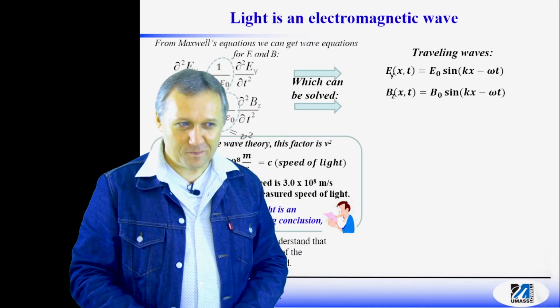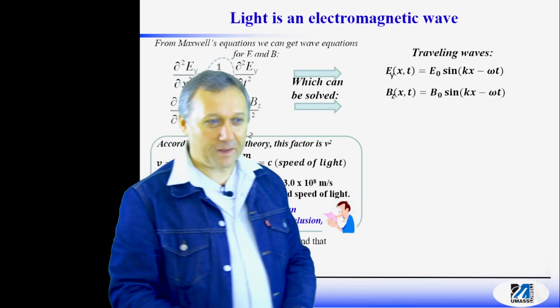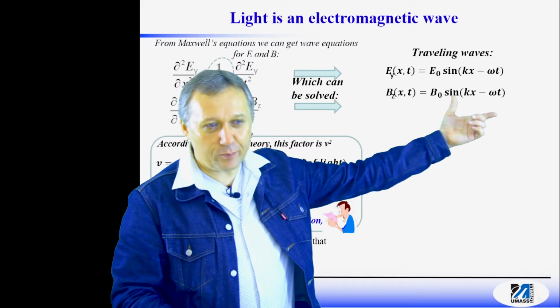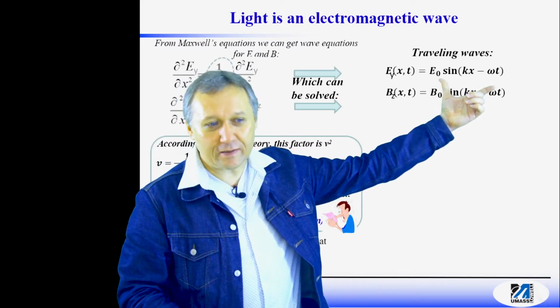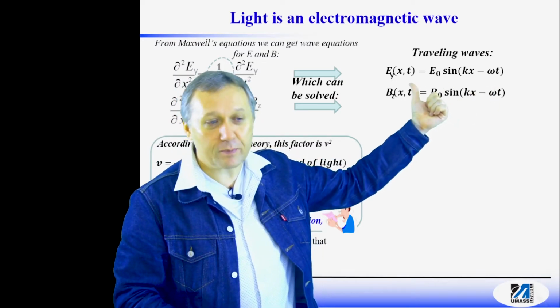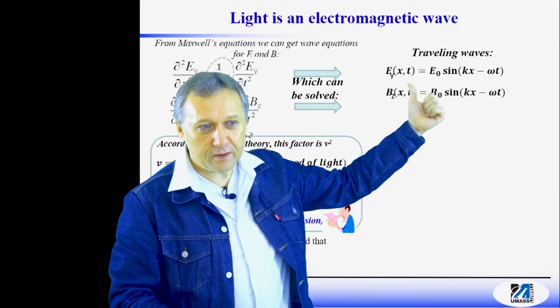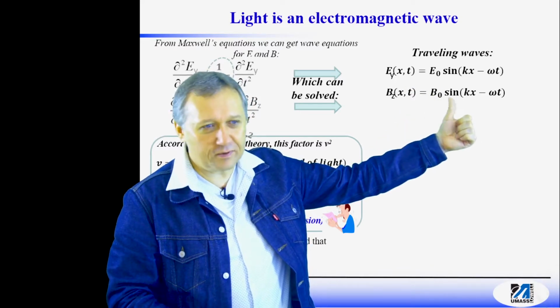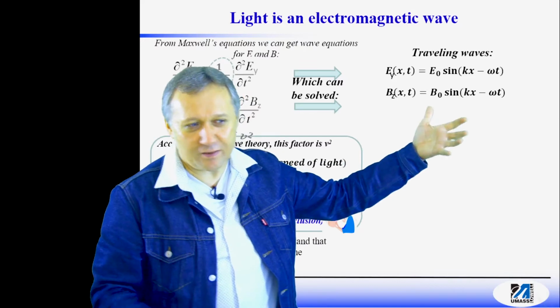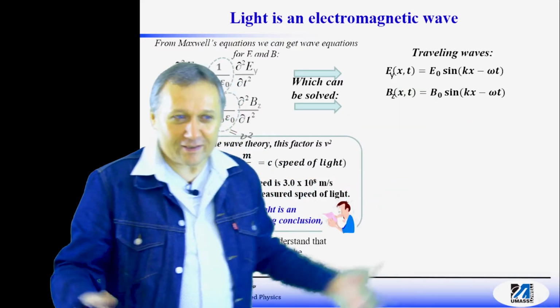In unison. So remember, it's very important. Once you know the x and time dependence, for example, for the electric field, you can write the x and time dependence for the magnetic field easily, because it's exactly the same.